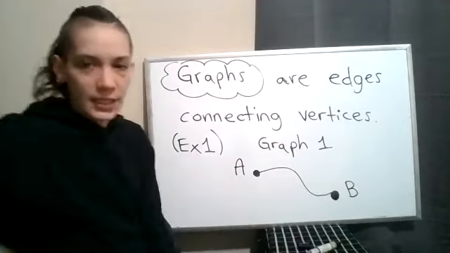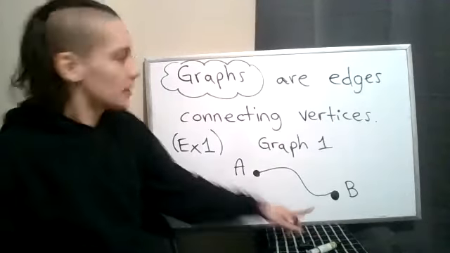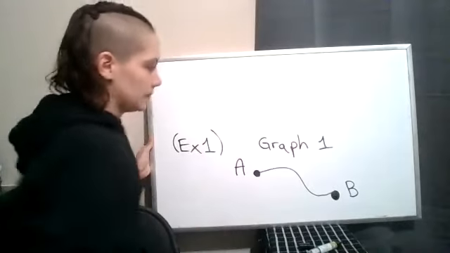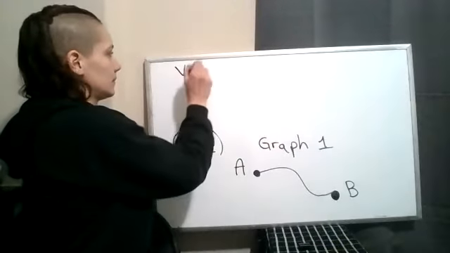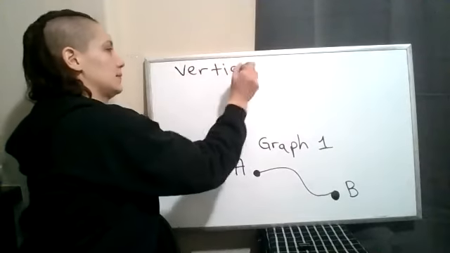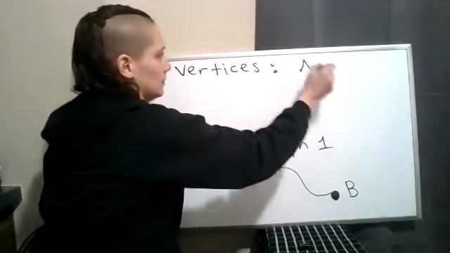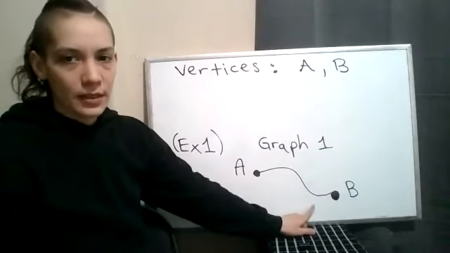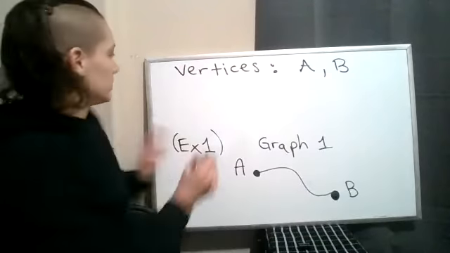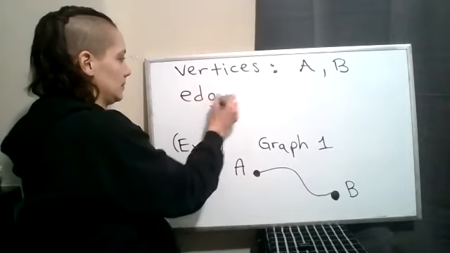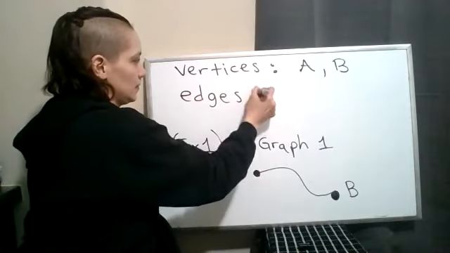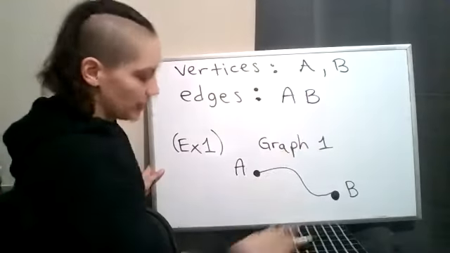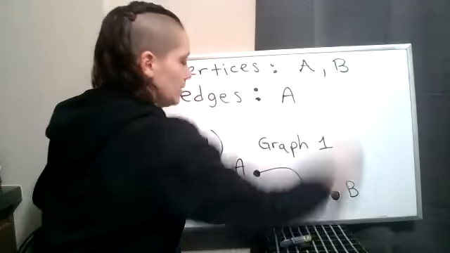So first, let's list the vertices A and B. And there's one edge, AB, which is the same as BA. Maybe closer together. It's like a pair.